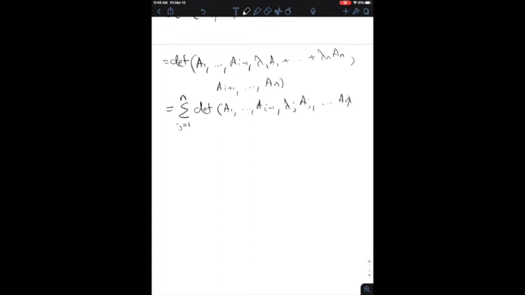That's just using the multilinearity. We can also pull out the scalars lambda j. As soon as a column repeats itself, we know that the determinant is 0 since it's alternating.